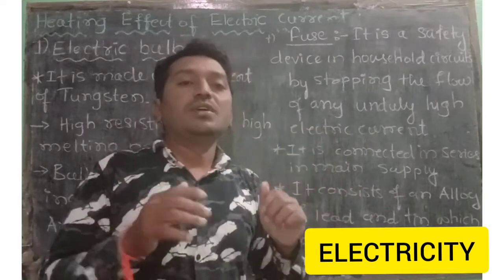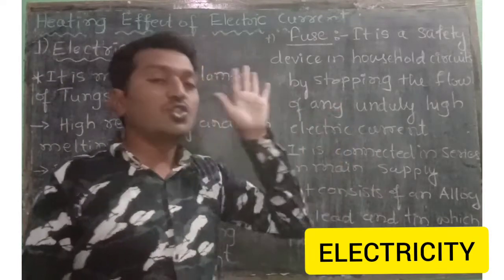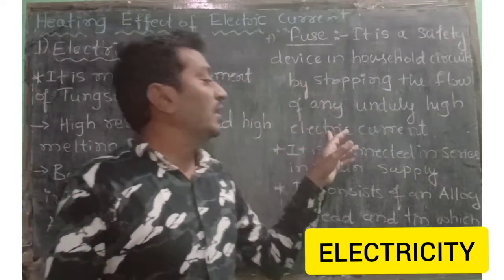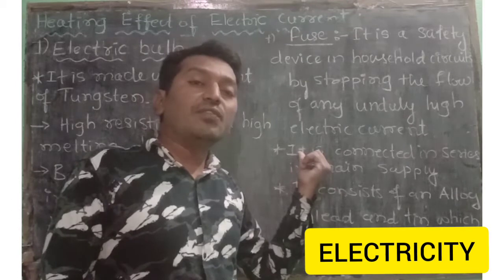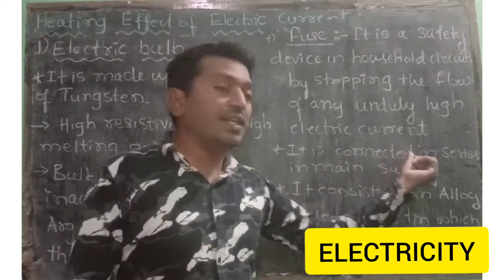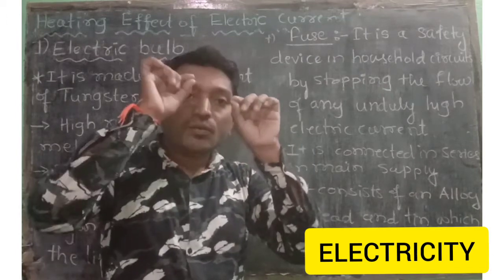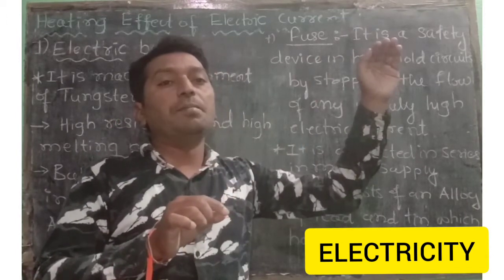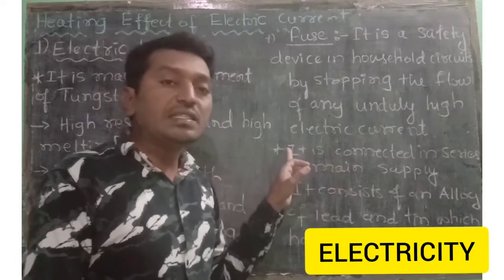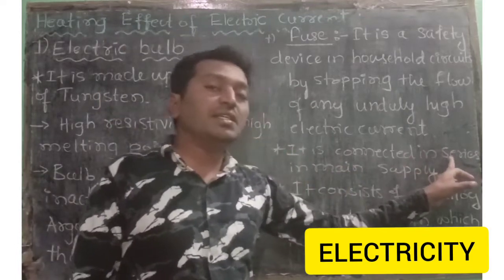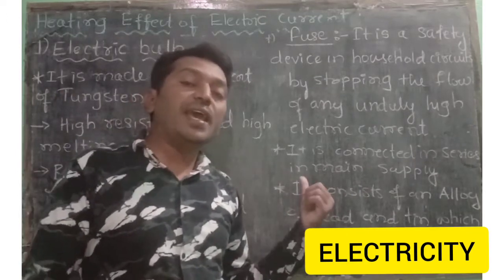If a high electric current is passing through the wire, it stops the excess current in the circuit. It is always connected in series with the main supply. Main supply means the wire which comes from the main electrical port.